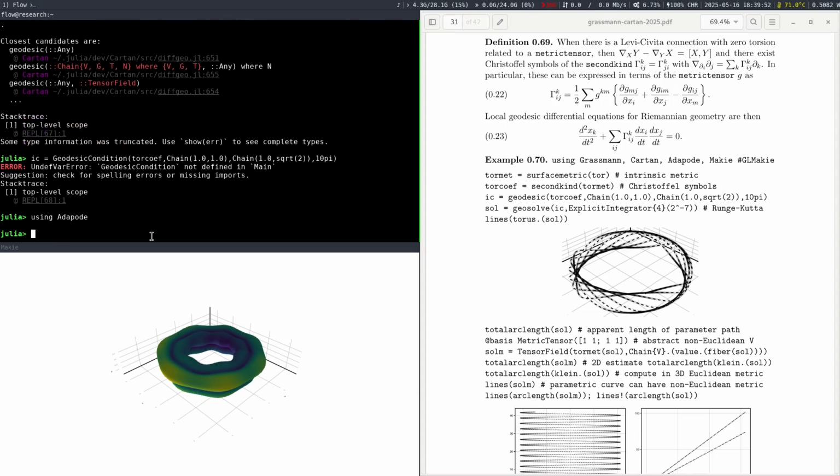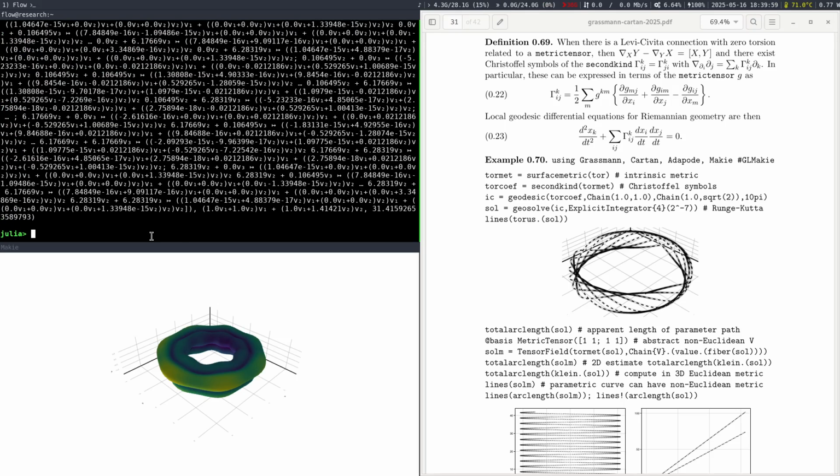Oh, we forgot to do using adapode. Okay, so there we go.